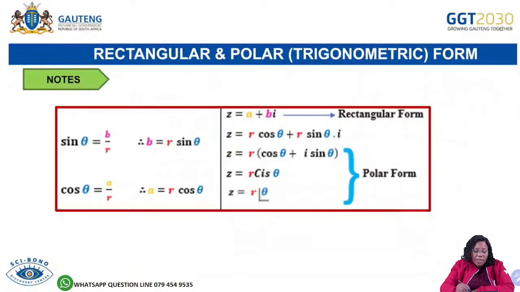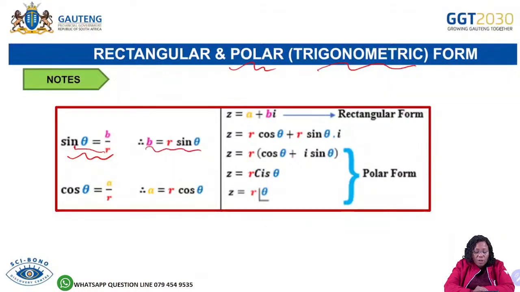Okay? And then now we have what we call the rectangular and polar form. If we don't say polar, we'll say trigonometric form. And this comes from the sine theta. Sine theta, remember, on SOHCAHTOA, we are talking b over r. So we leave b because b is the opposite, right? So we leave b and cross this r to sine here.